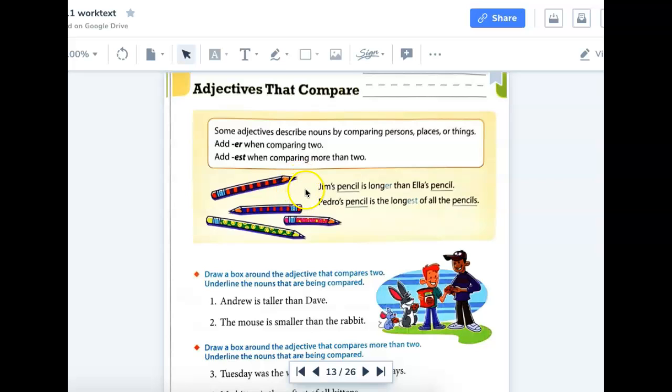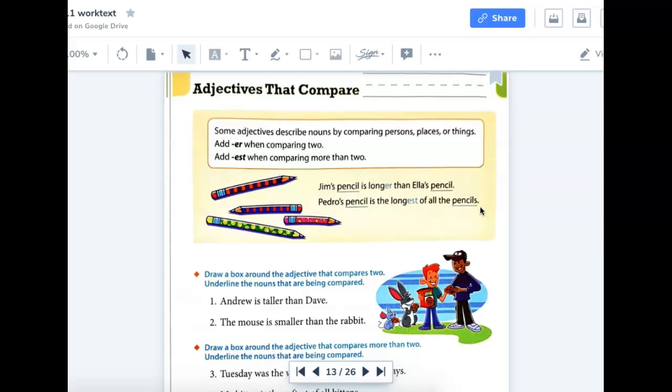So for example, Jim's pencil is longer than Ella's pencil. So we're comparing Jim's pencil with Ella's pencil. And since these are two pencils, we added er to the adjective long. Next example, Pedro's pencil is the longest of all the pencils.